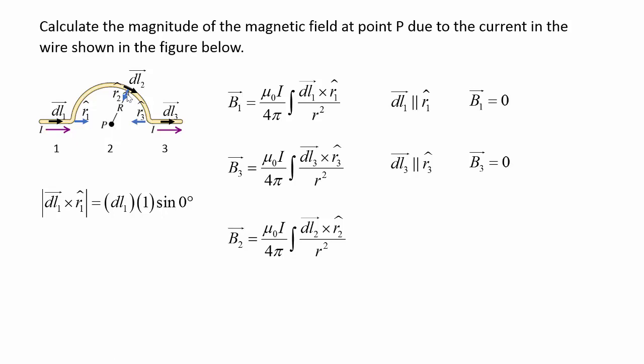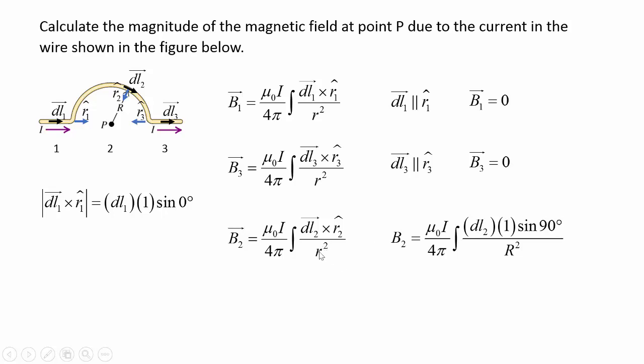Therefore, I can calculate the magnetic field created by this segment as mu0 I over 4 pi integral of, and the magnitude of the cross product will be the magnitude of the first vector dl2, magnitude of the second, which is 1, multiplied by the sine of the angle between them, which is 90 degrees.